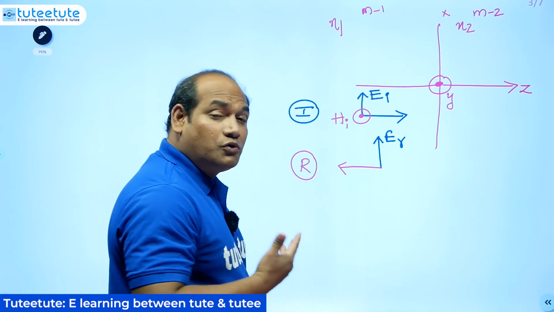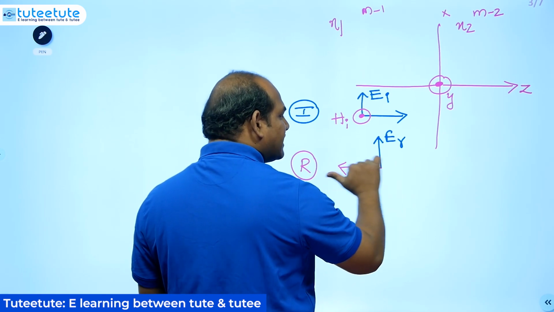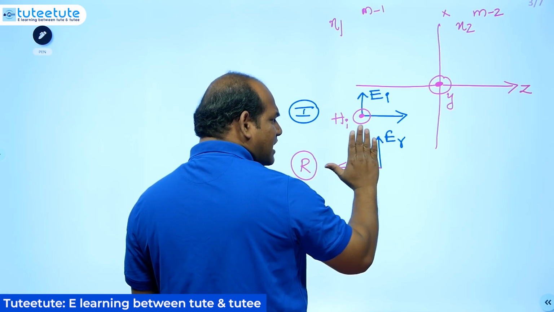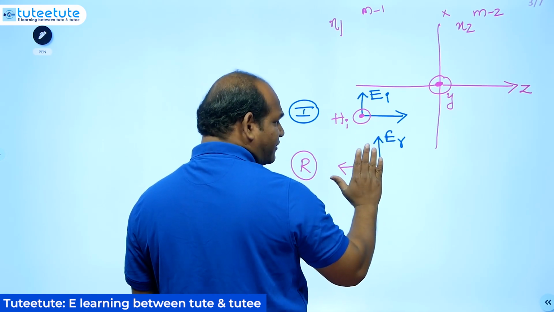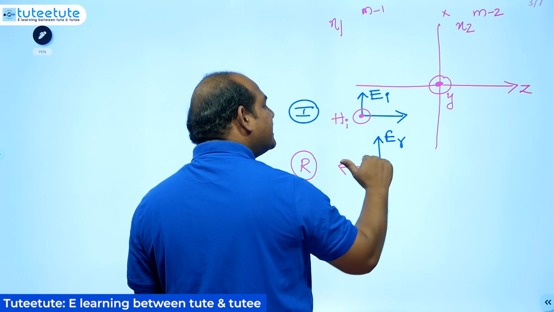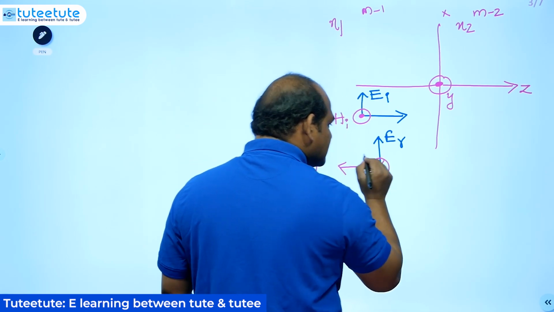Okay, so how to represent the magnetic field? You see here, the thumb I have already kept in the direction of propagation, and these fingers I have kept in the direction of the electric field. So now I have to close like this. Okay, then what is the meaning of that? The magnetic field is going into the screen. That means we have to take a cross circle.